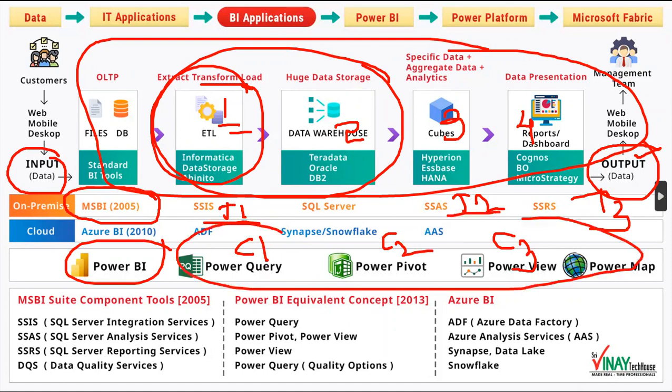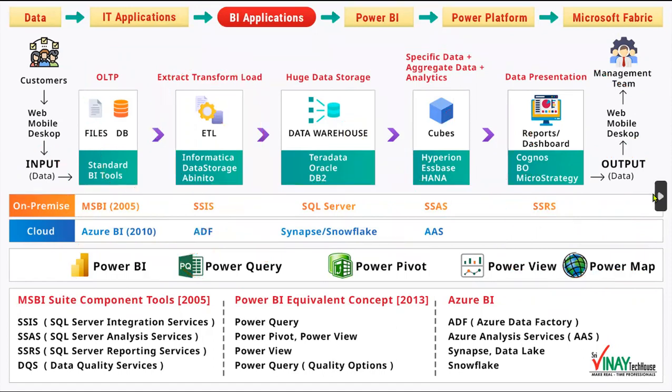These 3 concepts are inside a single tool or application. Coming to MSBA, it is not like that. There are multiple tools, so multiple setups and multiple configurations are required. Got clarity? Good. Yes, sir.